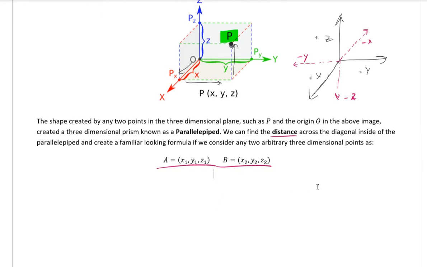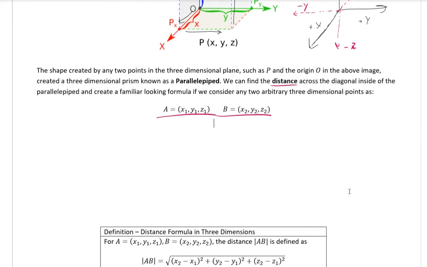Now, A and B can show up really anywhere in three-dimensional space. If I define A here and B here, what I'm really trying to find is the distance from A to B. But remember, I have to think about A and B as three-dimensional points. So, when I think about that, maybe A is sitting on the origin for ease of use.